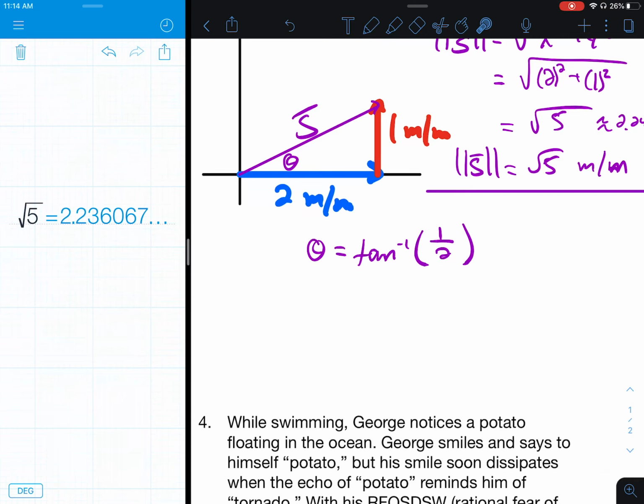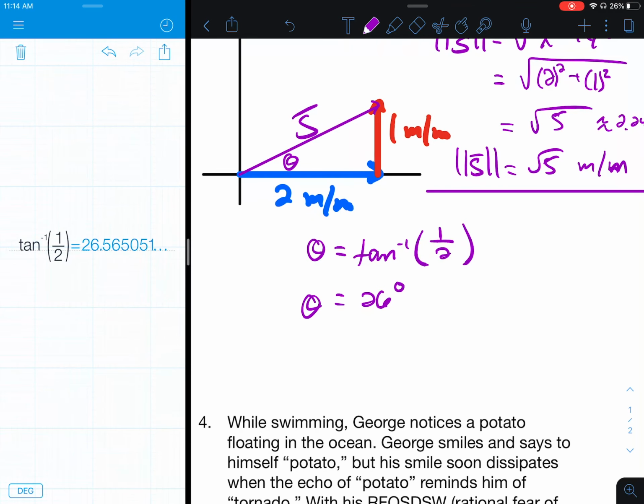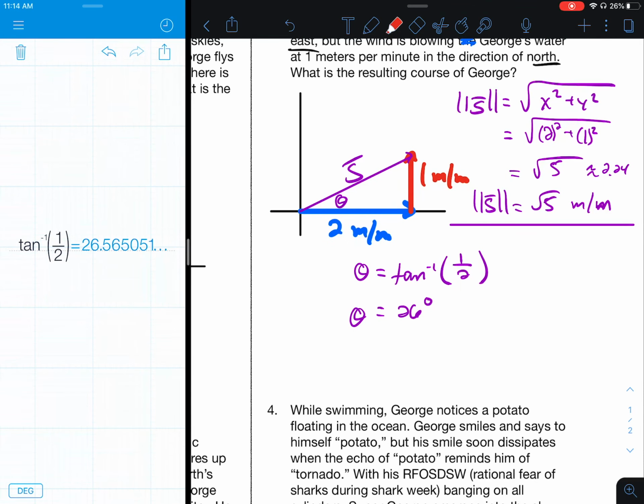It's the angle in standard position, it's also the reference angle. That is going to be about 26 degrees. And like I said, with angles, we're going to go to the nearest degree. So magnitude, direction, 26 degrees in standard position.